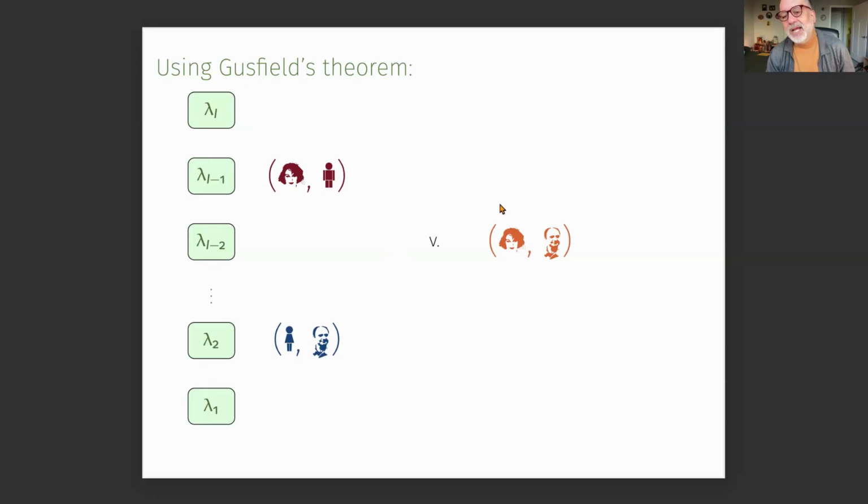And I want to claim that it's impossible for the two of them to be happier when they are rematched together. So let me assume that Karen prefers Martin to John. So she is better off at the orange matching than here.